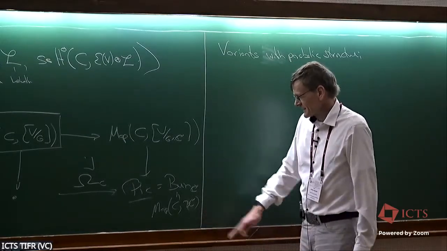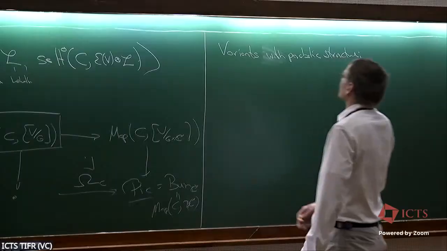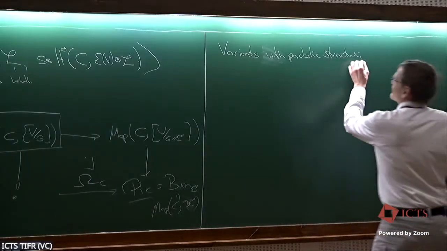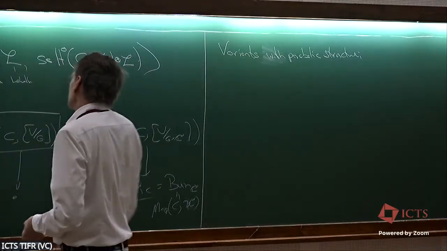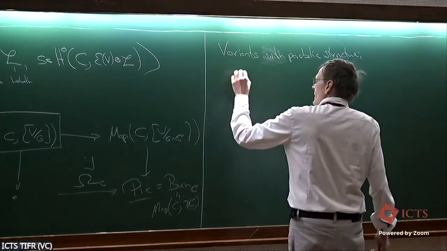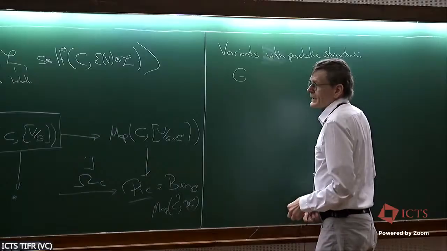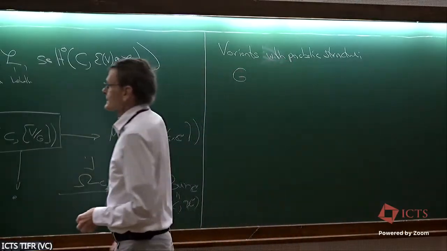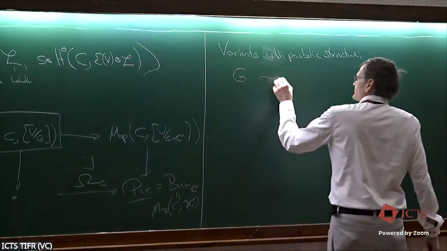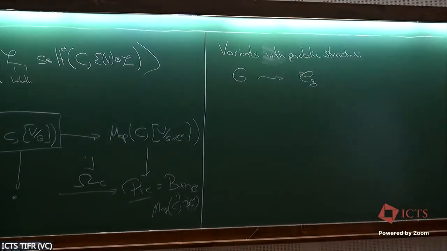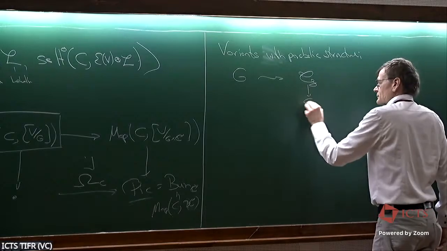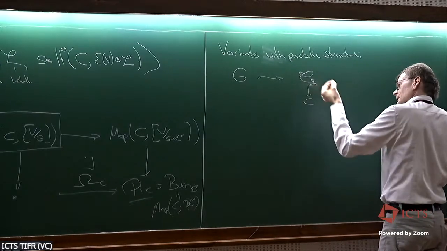So there are variants with parabolic structure. And what you do is, my favorite way of doing this is to replace G by the automorphism group of a bundle with your parabolic structure. And these are called parahoric group schemes.